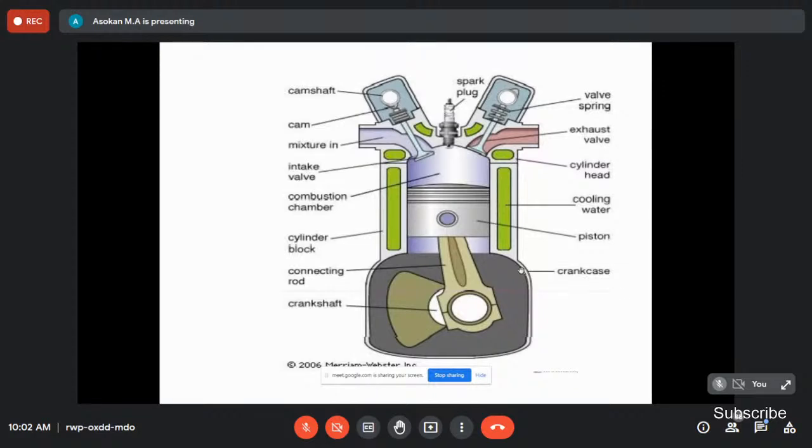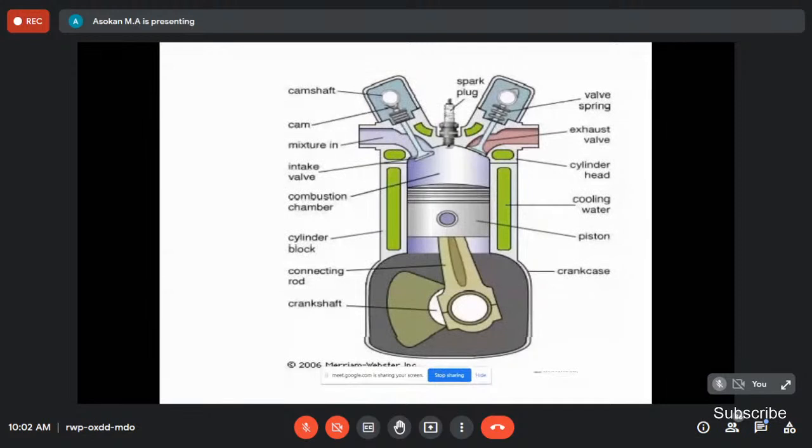The cylinder head accommodates the inlet valves and exhaust valves and the ignition system, like the spark plug in the case of the SI engine. In the cylinder block there is a cylinder, and the piston reciprocates inside the cylinder. The piston connects to the crankshaft by means of the connecting rod.